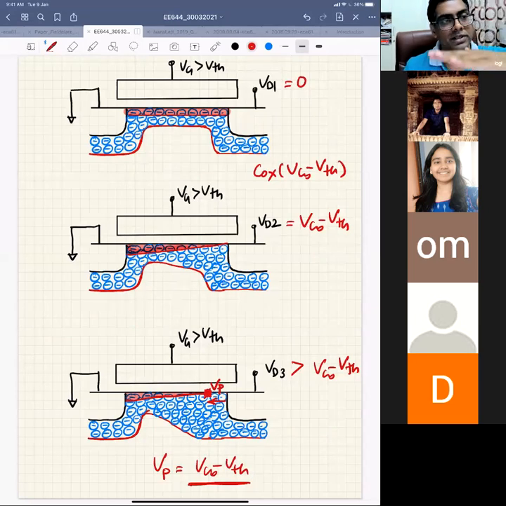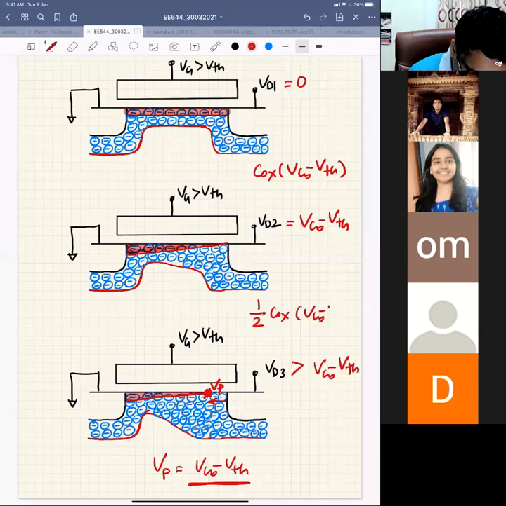When VD equal to VGS minus VTH, your source side is Cox times VGS minus VTH and your drain side is 0, so the average charge is half Cox VGS minus VTH. But when VD is more than VGS minus VTH, assuming this delta L is less than L, this is still half Cox VGS minus VTH, right?